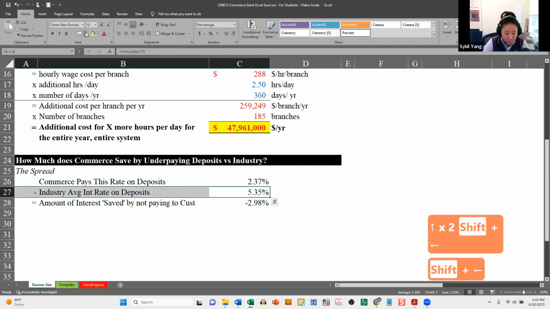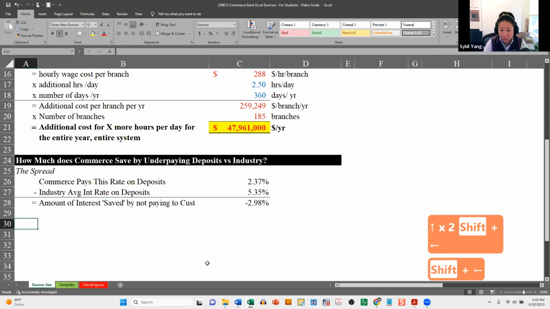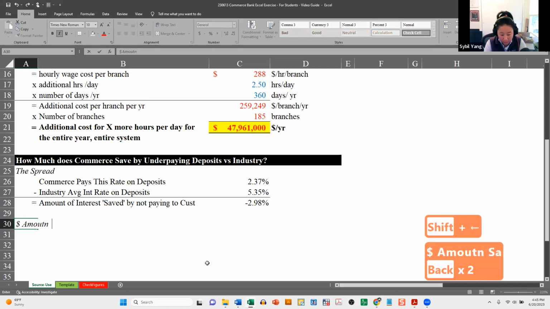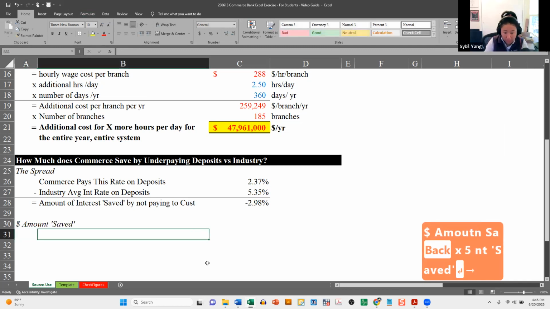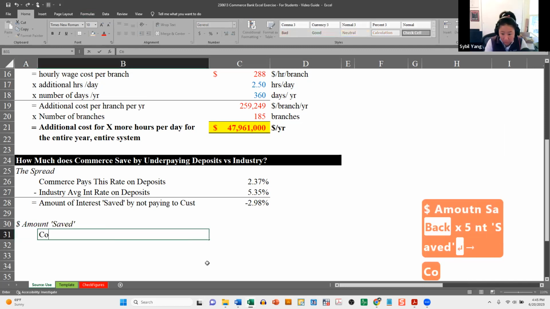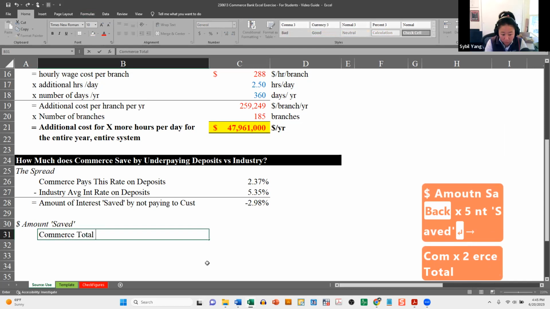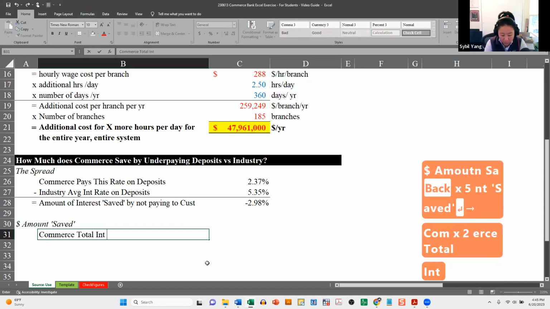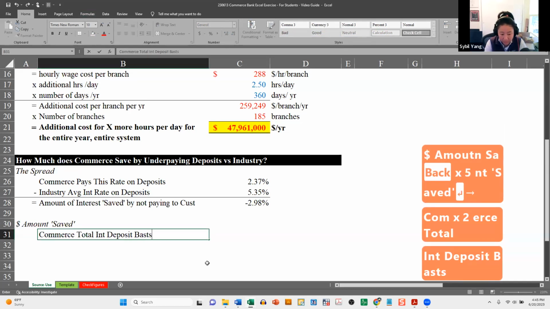On those deposits. That's the spread. Okay. So the dollar amount saved will be Commerce total interest deposit base.